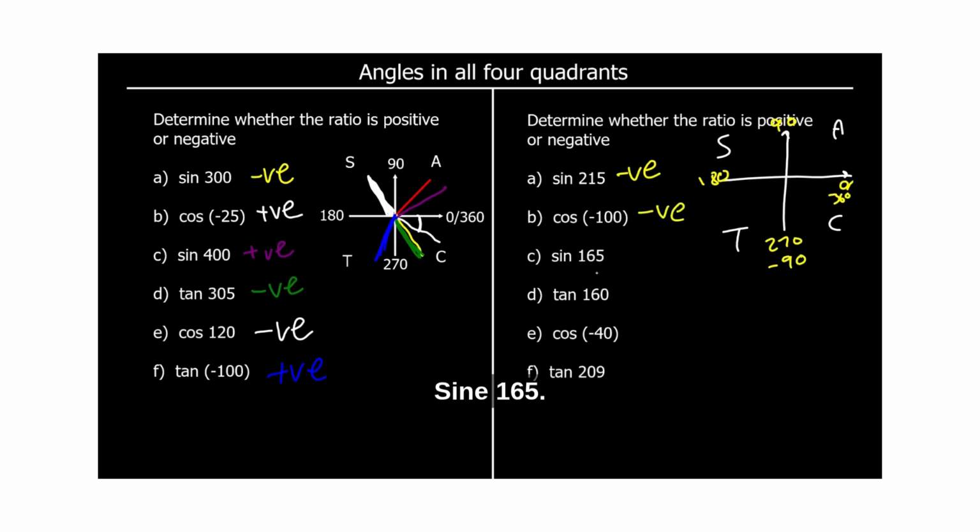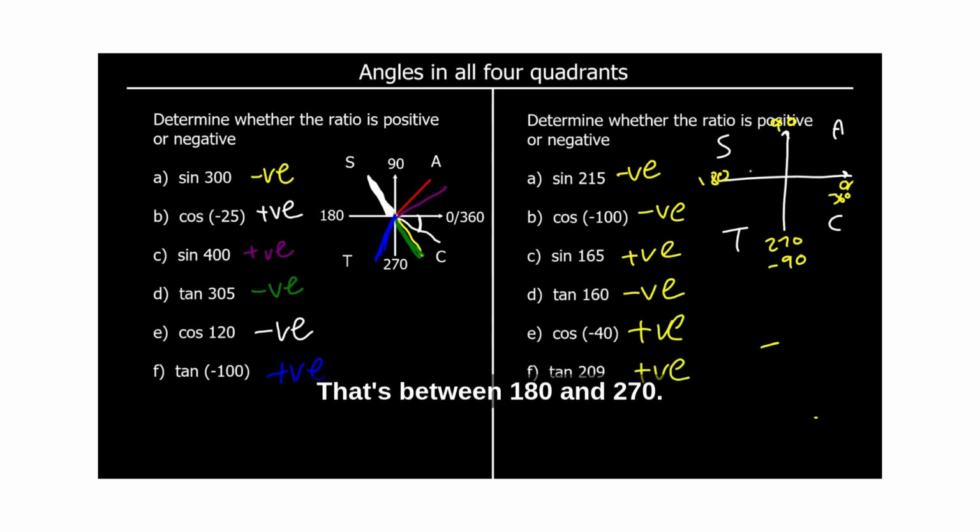Sine 165, sine is positive between 90 and 180, so it's positive. Tan 160, so only sine is positive between 90 and 180. Tan's negative. Cos minus 40 is positive. And tan 209, that's between 180 and 270. Tan is positive.